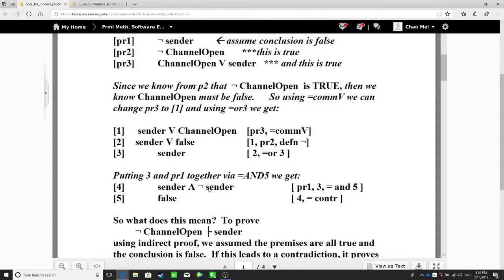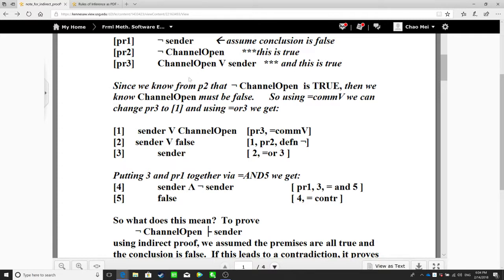Oh yeah. So this is what we have. We have this sender to be true, right? Because we deduce from everything, sender or channel open is true, and sender or false, sender has to be true to make the sender or channel open true.